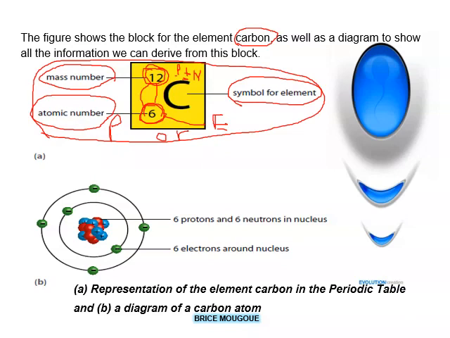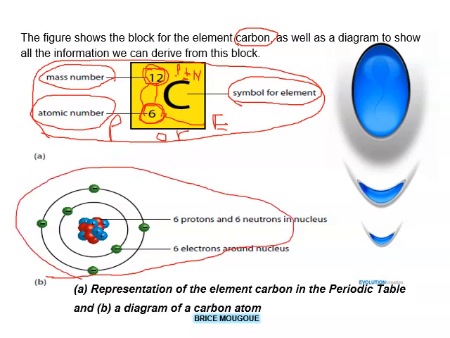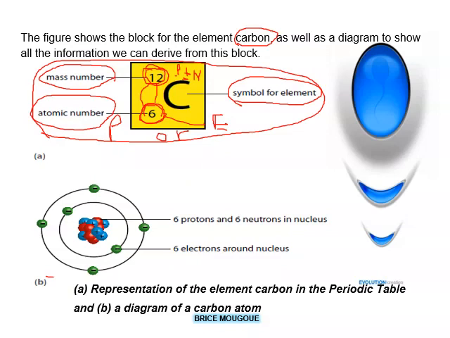So this is a representation of the diagram of the carbon atom with the orbits, how it will look like. We will see here it has 1, 2, 3, 4, 5, 6 electrons that are moving around the nucleus.